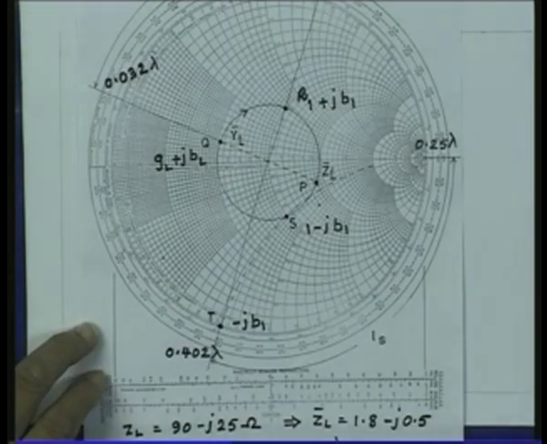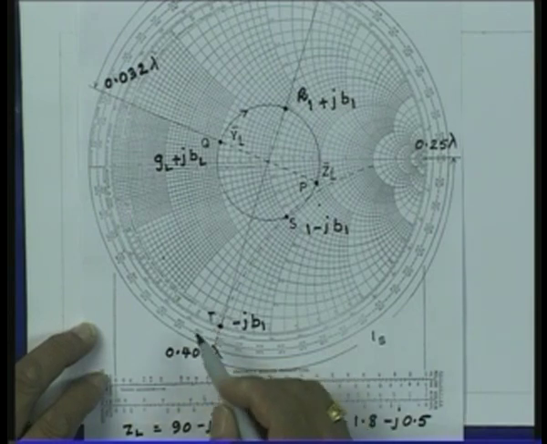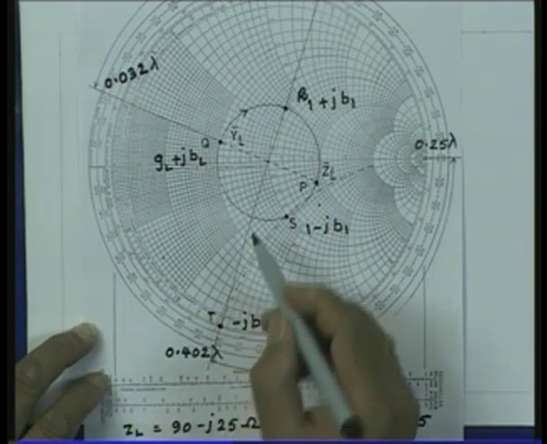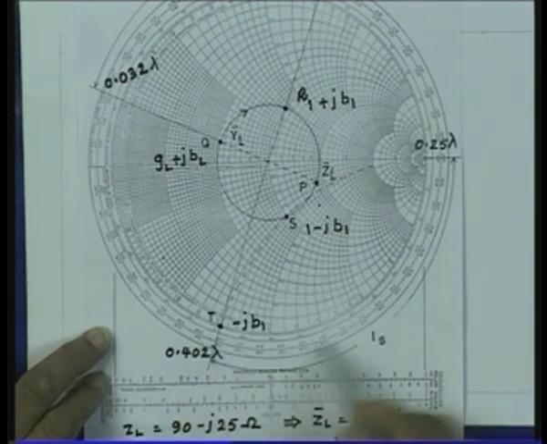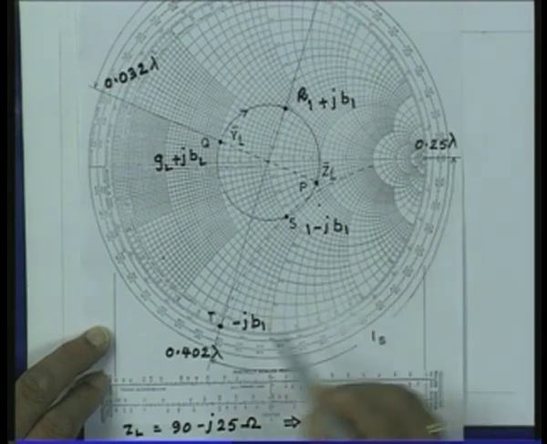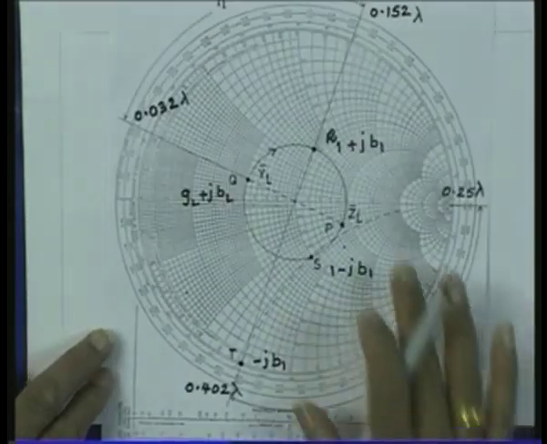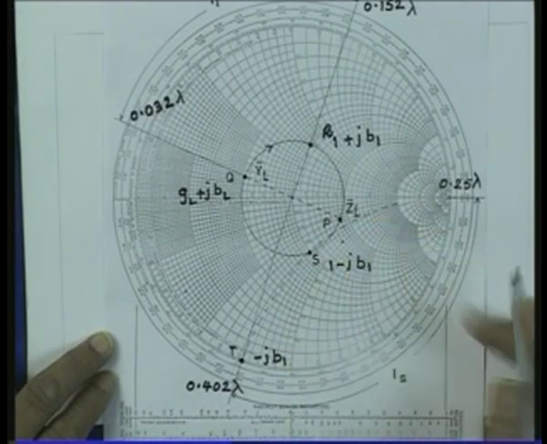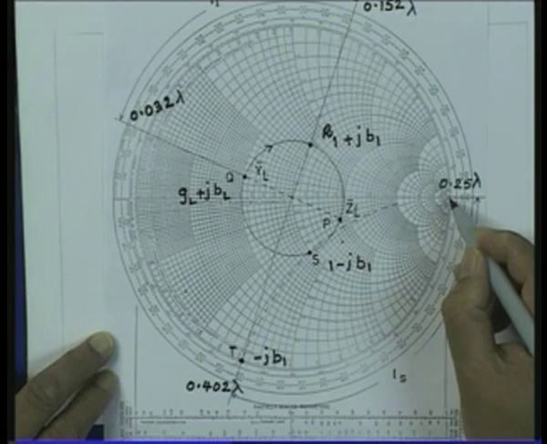So, from here this is the susceptance which I want to add. I have to move now away from the generator, so I have to go in the anti-clockwise direction till I reach the short circuit point. And since this chart has now become the admittance chart, the point corresponding to the short circuit is the rightmost point. So, this is short circuit.